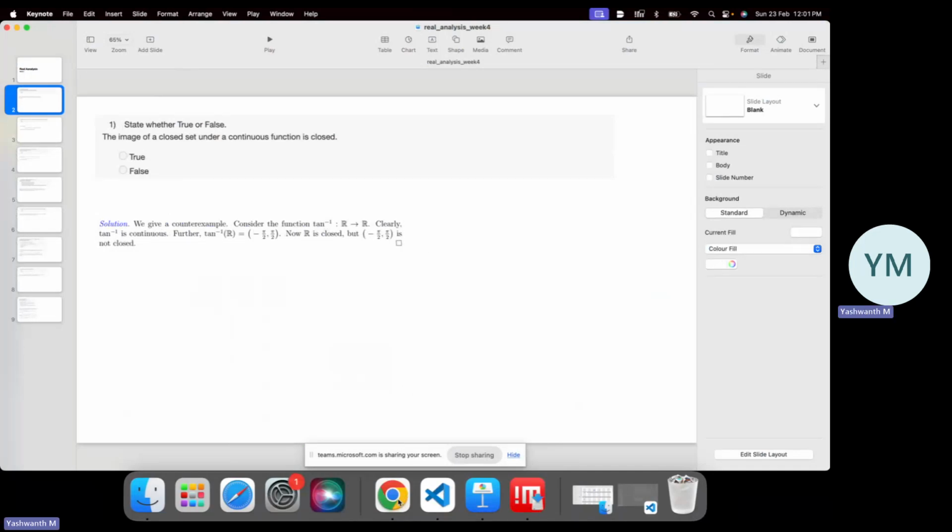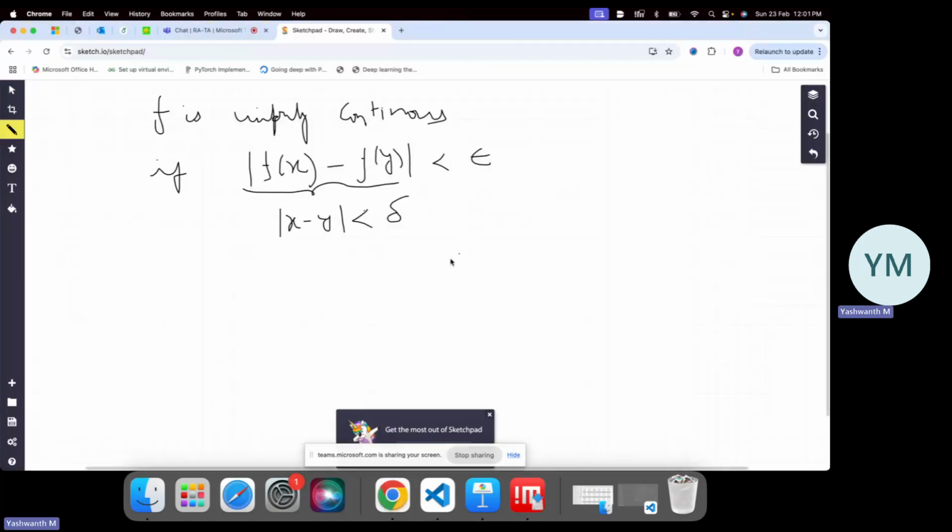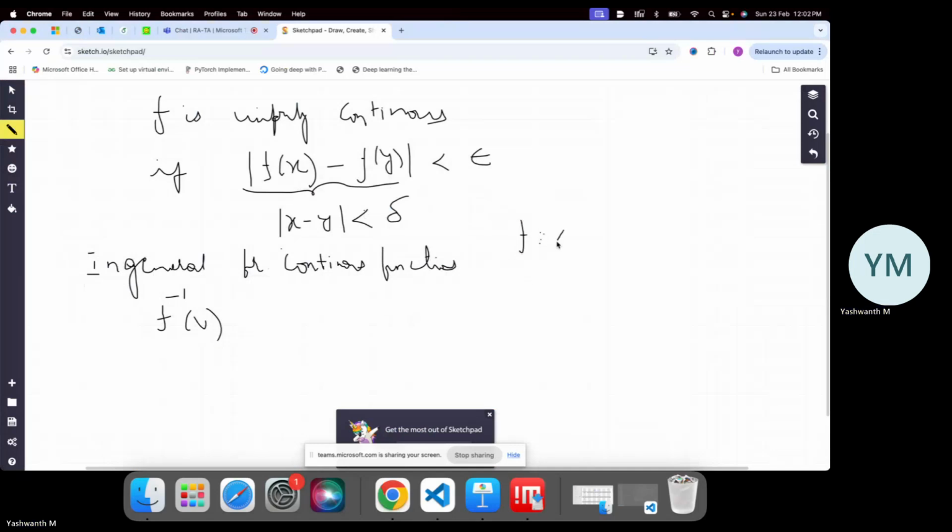So in general, for continuous functions, the following is true, right? Let's say f maps from x to y.